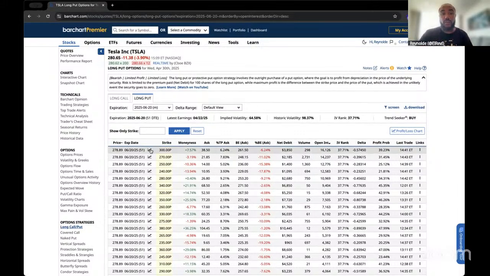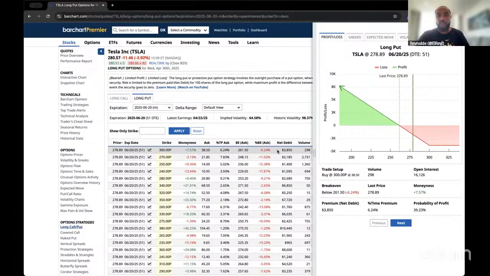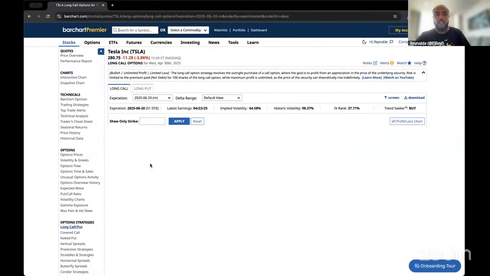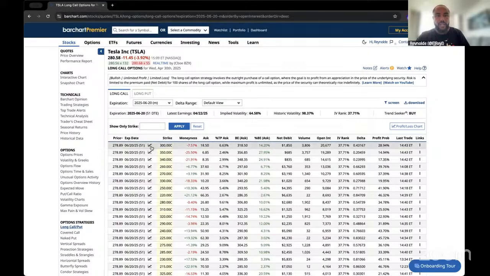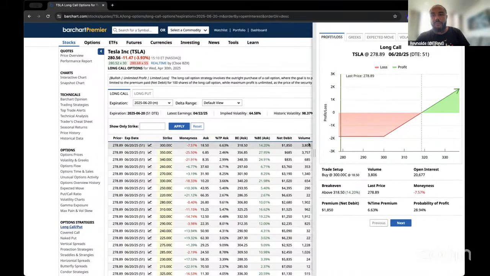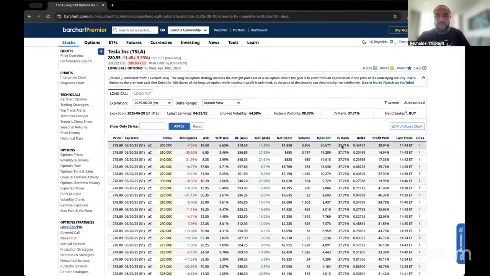You can also look at the profit loss. The premiums will be right here on the page. If Tesla's price falls below here, you'll profit. If Tesla's price falls below here, you can only lose what the premium is. So if we're going on the call side, you can say, I want to look at the 620 and take this trade. If Tesla falls, let's look at the premiums, and we'll have the delta here as well.